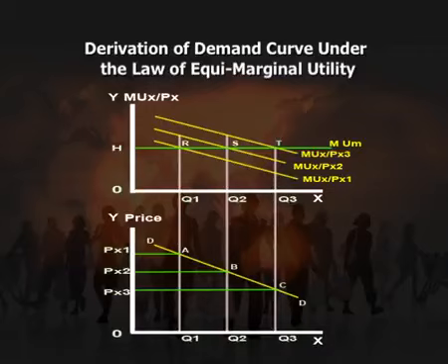Point T on their intersection measures the MU of money expenditure for quantity OQ3. Point C, marked at the intersection of two perpendicular lines drawn through TQ3 and PX3, would be the third decisive mark to derive the demand curve.